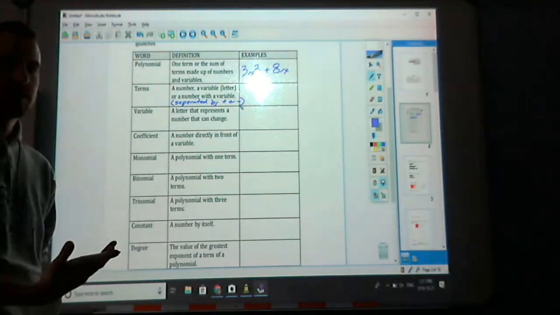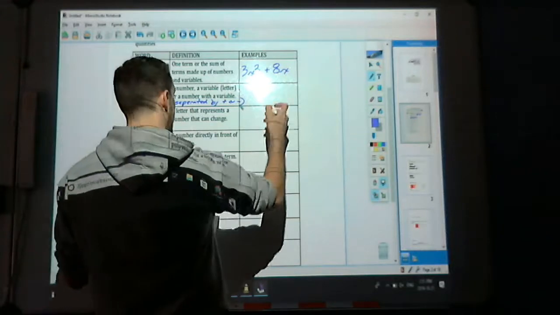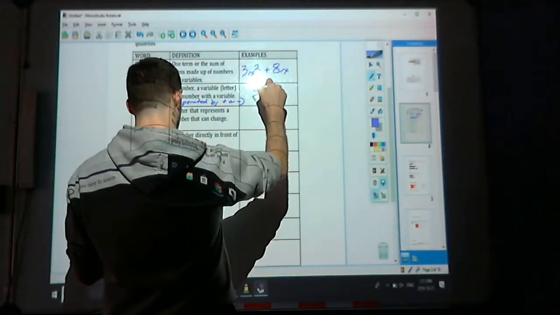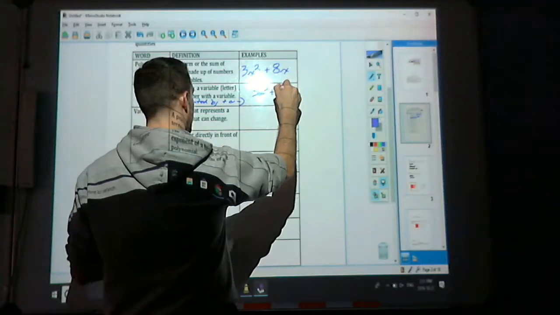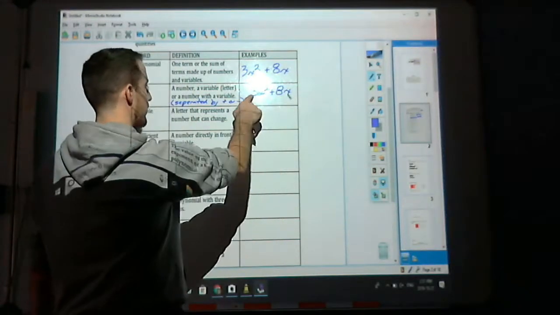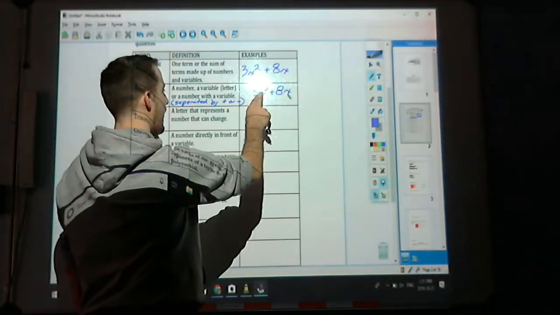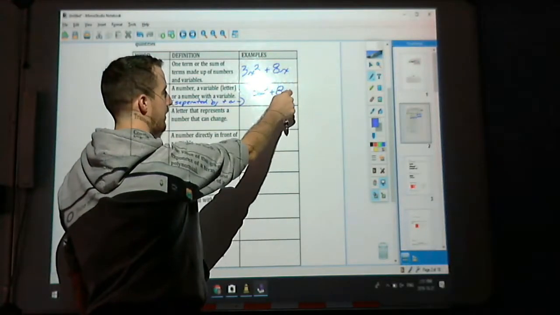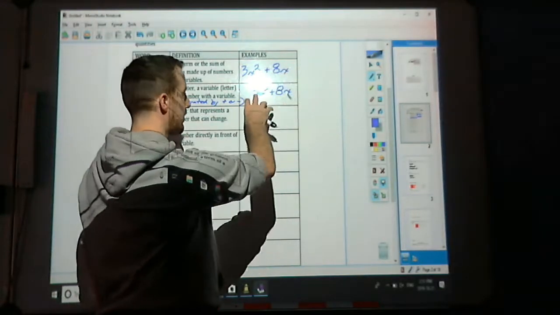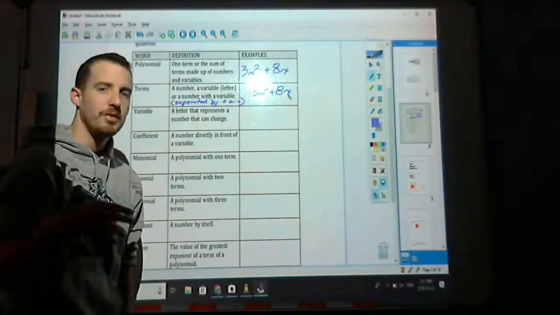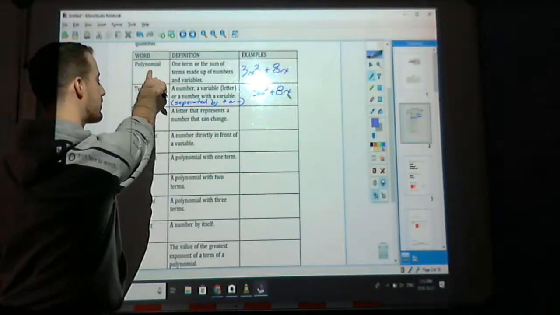Addition or subtraction, okay? So one example could be here like 3x squared again, right? Plus 8x has 2 terms because there is a number and a variable, okay? Or a number with a variable together, right? So it can just be x squared if we wanted.